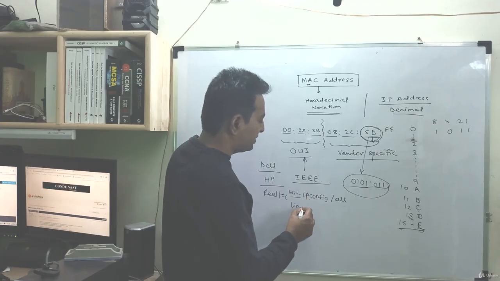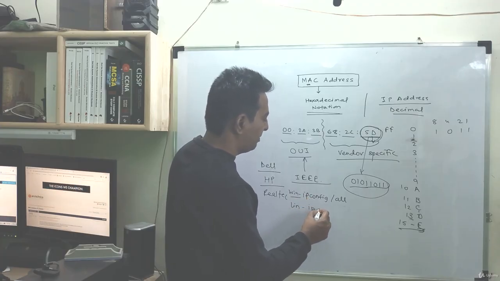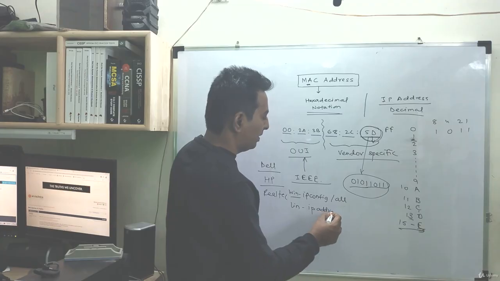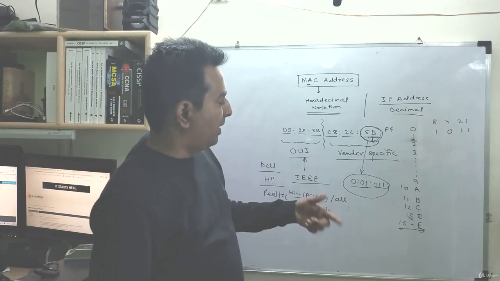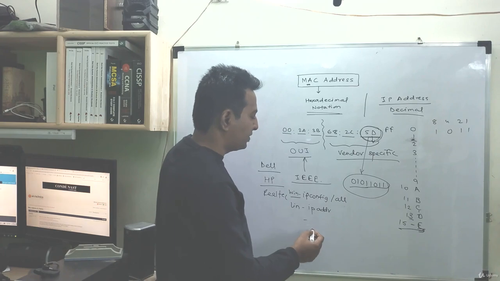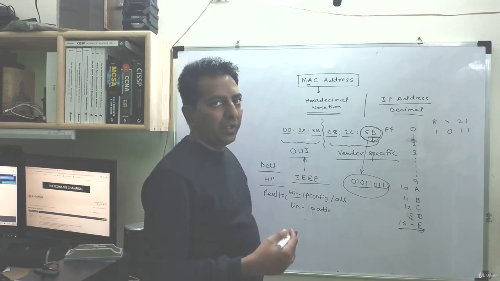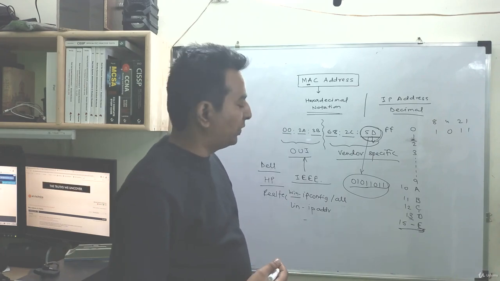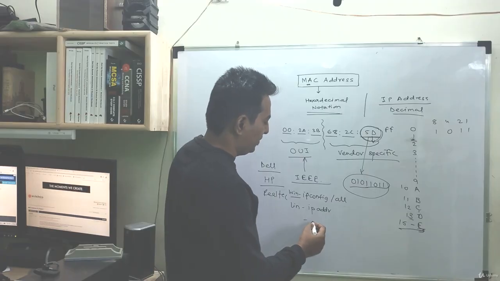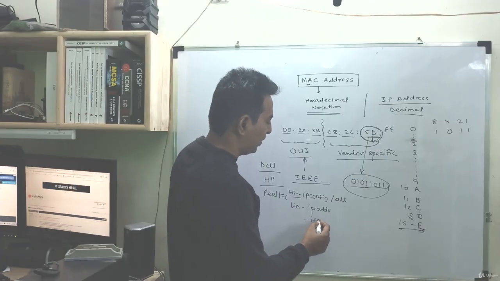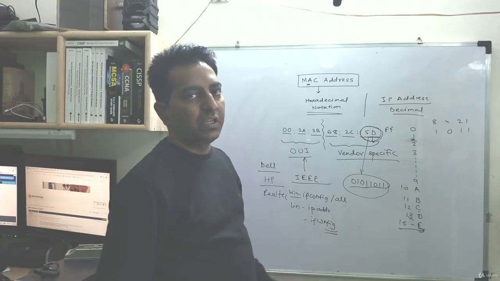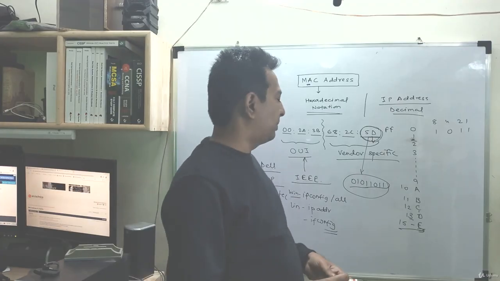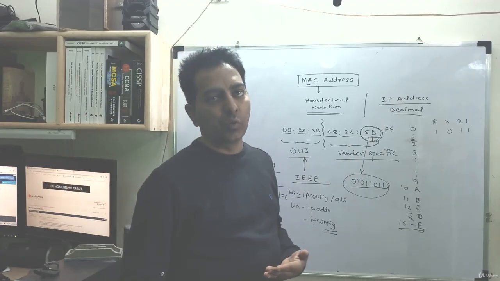If you are using Linux computers, you can simply give the ip addr command on your Linux console. For Linux distributions older than CentOS 7 or Red Hat 7, you can also use the command ifconfig, and you will be able to see the MAC address of that particular computer on the console.